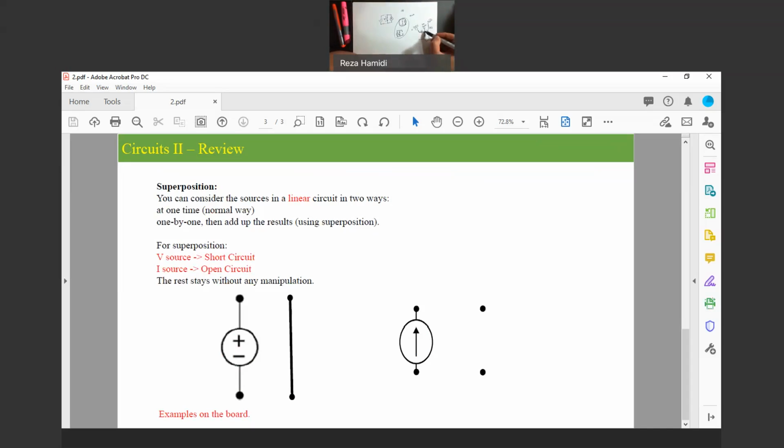They find the voltage at this point, that point, the currents passing through the components and everything. And then after, they can turn off this voltage source and just focus on this one. And whatever goes through this one is the sum of the effect of those two sources. This is called superposition.